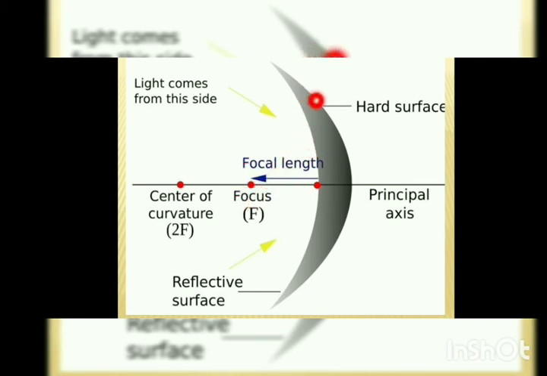So this is a concave mirror, so all the rays will converge at this point, and this line joining the center of curvature and the pole will be the principal axis. Okay, and this length, the distance between the pole and the principal focus, is called the focal length.